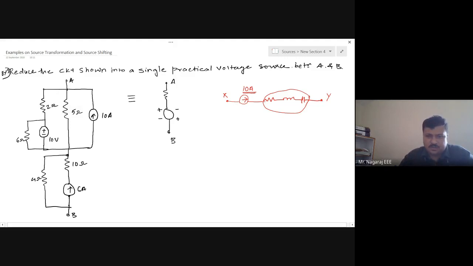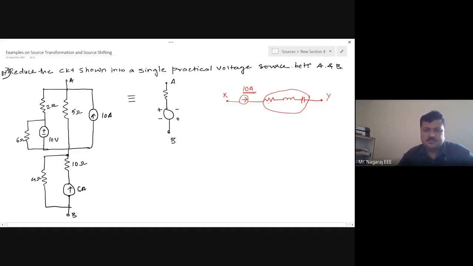So all the circuit components that come in series with this 10 ampere source become redundant when I want to simplify the circuit. It is not that I am neglecting this and taking it out of the circuit. When I want to reduce the circuit to its equivalent form, the effect of these passive components in series with the current source is nil.